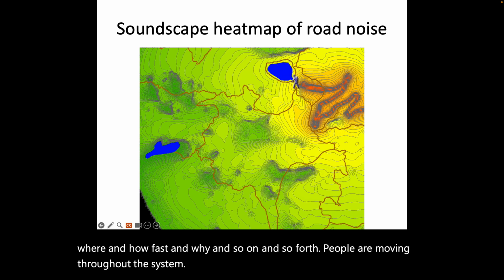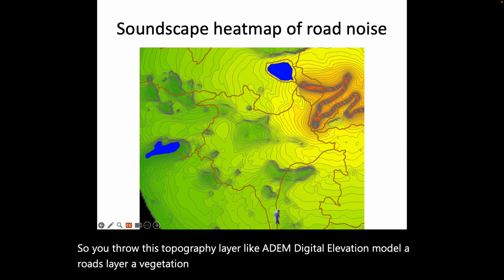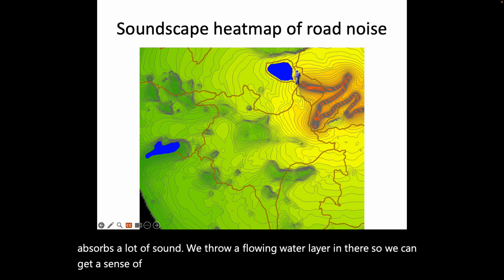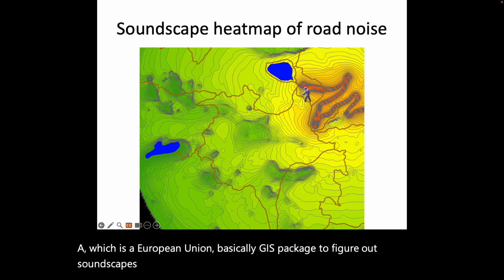So you throw in this topography layer, like a DEM, digital elevation model, a roads layer, a vegetation or surface cover layer, because right, vegetation absorbs a lot of sound. We throw a flowing water layer in there so we can get a sense of hydrophony. And out from dedicated software called Cadna A, which is a European Union, basically GIS package to figure out soundscapes, we get a heat map like this.